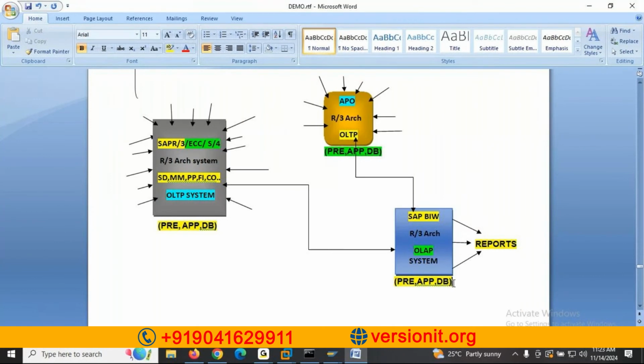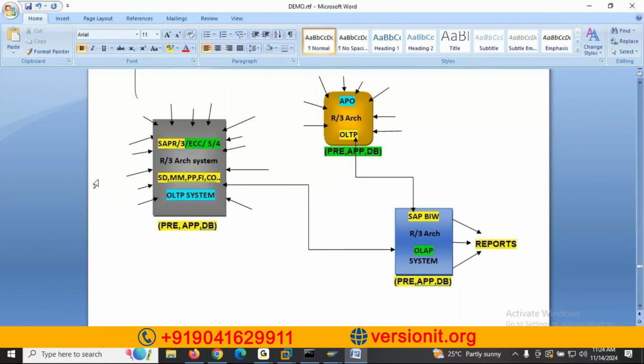Now write down: the above discussed systems or softwares are designed on a single architecture, named as R3 architecture.